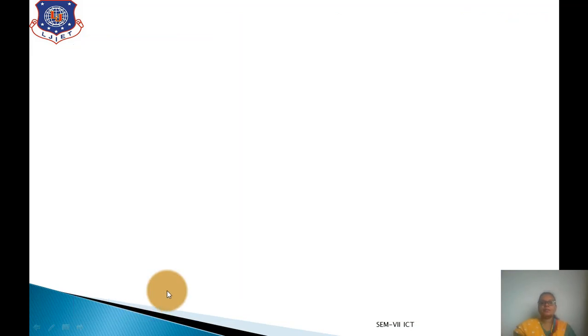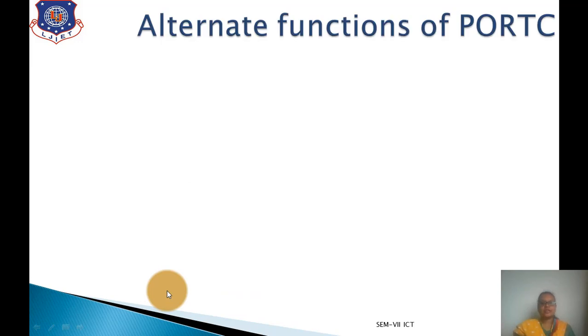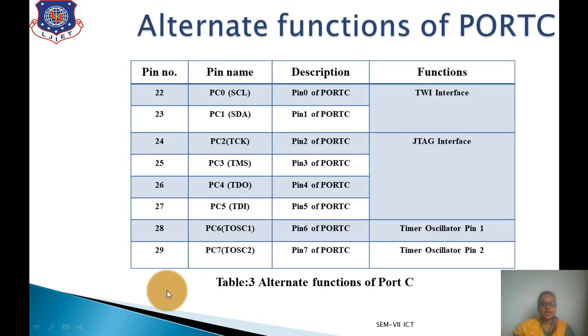Now next, that is alternative functions of port C. As you can see, we have discussed in the pin functions of port C that port C is generally used for JTAG interface. In the JTAG interface, all the peripherals are connected with each other and then connected with the controller.